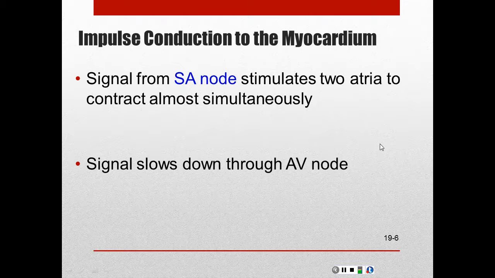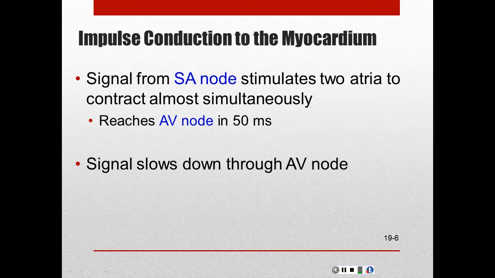Now impulse conduction to the myocardium begins when the SA node fires. Firing of the SA node excites the atrial cardiocytes, stimulating the atrial contraction. So when the SA node starts to fire, it's going to fire the cells in the atria, and those cells are going to stimulate the atria to start contraction.